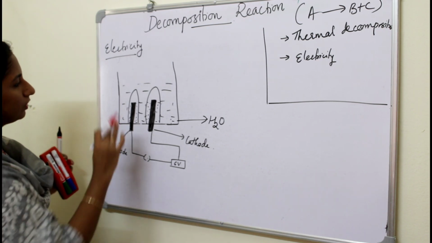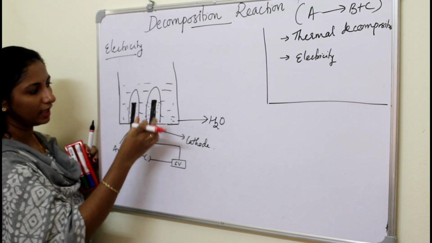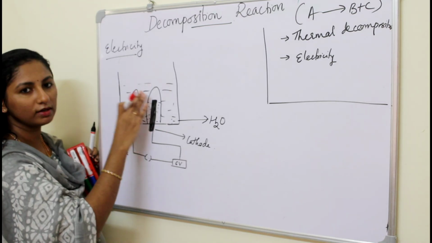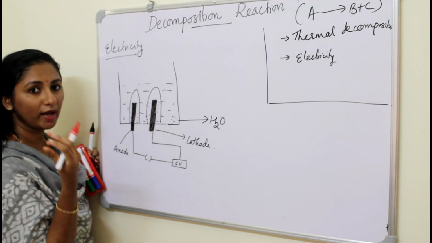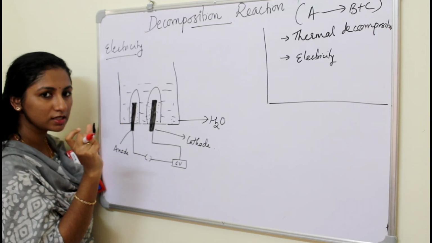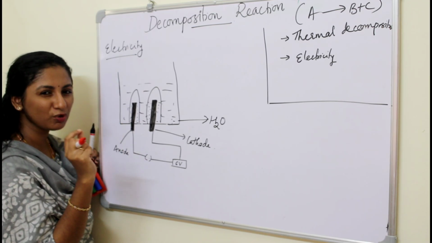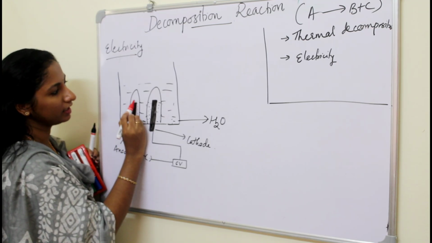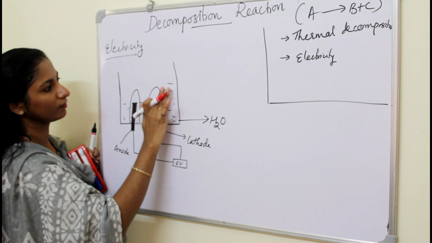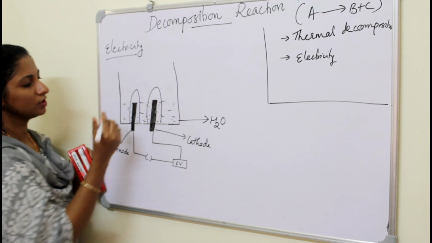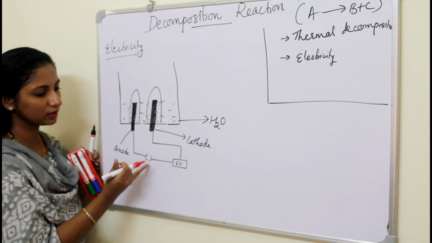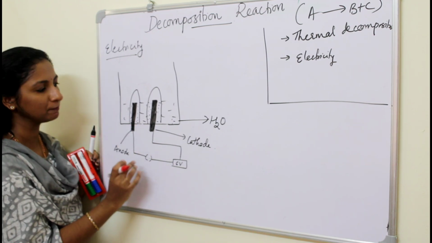We are taking a mug and placing two electrodes through it, and we are taking water in this mug. After that we are placing two test tubes to cover each electrode, and within those test tubes also there is water. On this area there is no water. After switching on this circuit, what will happen?